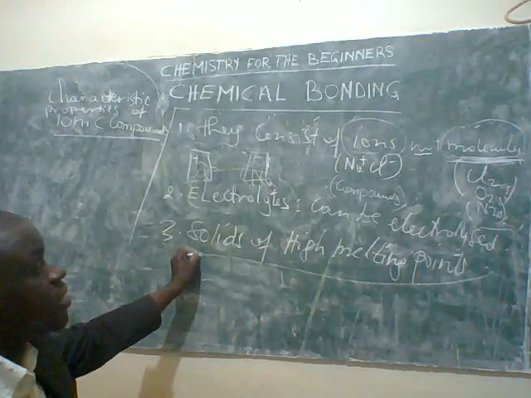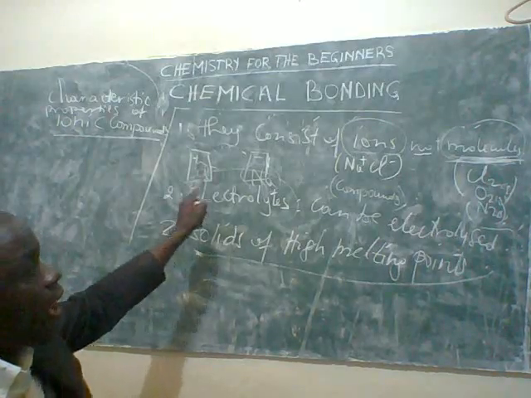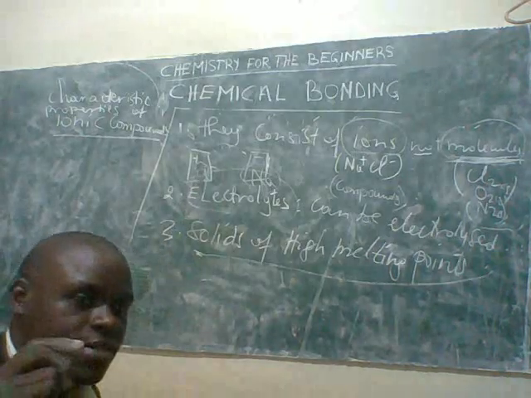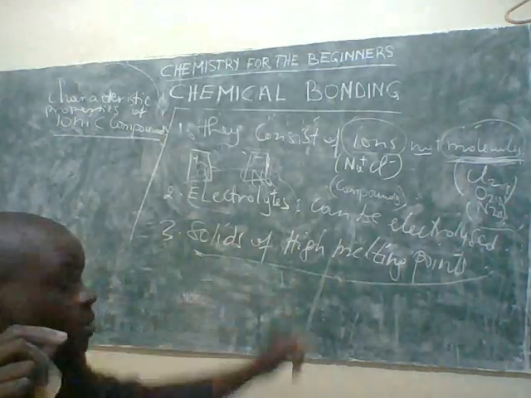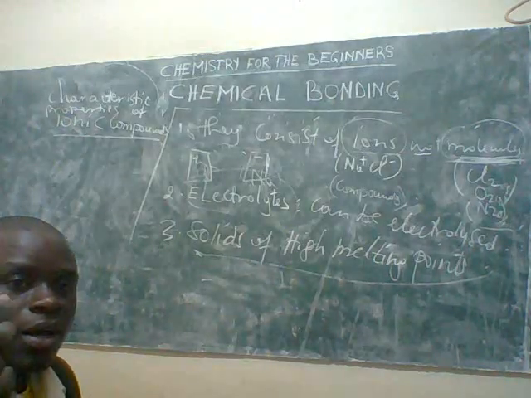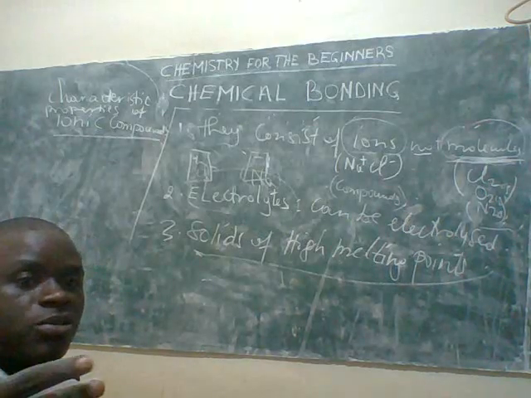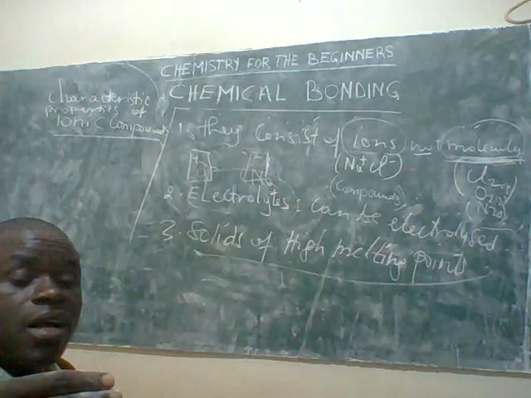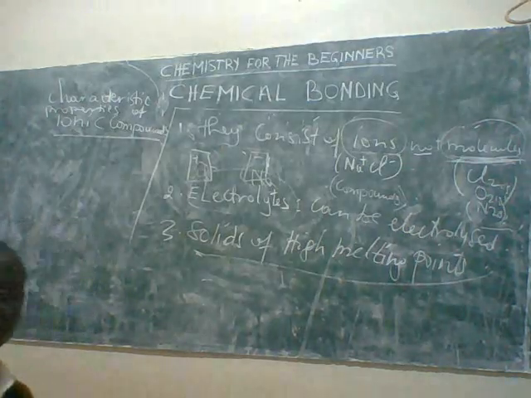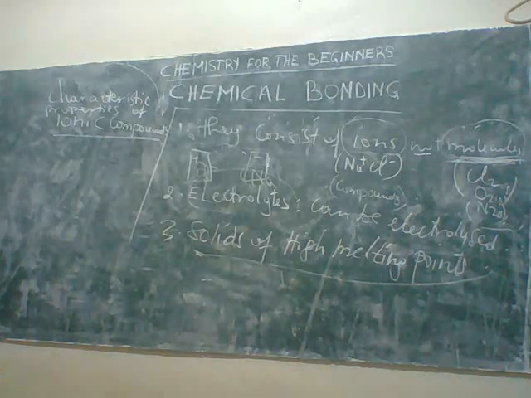But when we see the ionic compounds, they are solids with high melting point. For example, I can give you table salt. That is an example of an ionic compound.